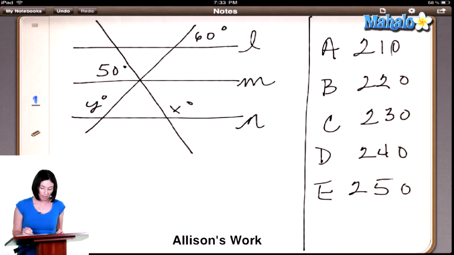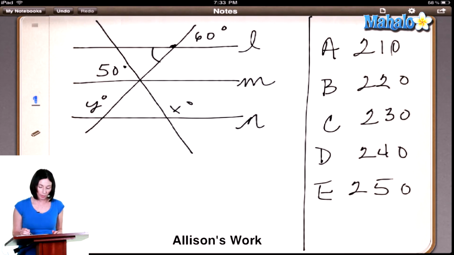Is it the one opposite it? Opposite of the 60? Kind of how it opens like this, and there's the 60 there. Immediately on the other side, is that angle 60 as well? The one across the vertex, this vertex here, that one is 60. That's true. So we're trying to find x and y, right?